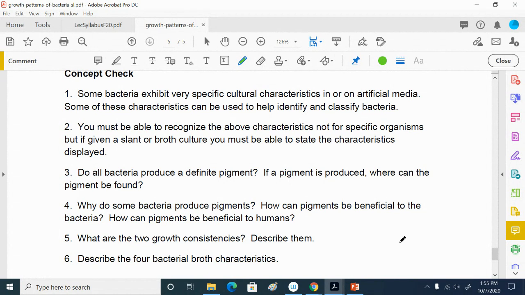And so what can humans do with those pigments? So how can humans use these pigments?